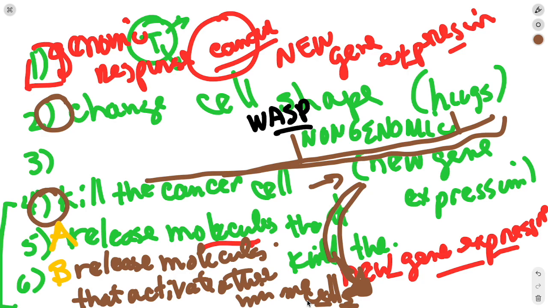These other factors also need to be made, so another example of new gene expression. New gene expression to release molecules that are newly made that can kill this cancer cell, and others that are newly made that can attract other immune system cells, activate them, and have them help kill.